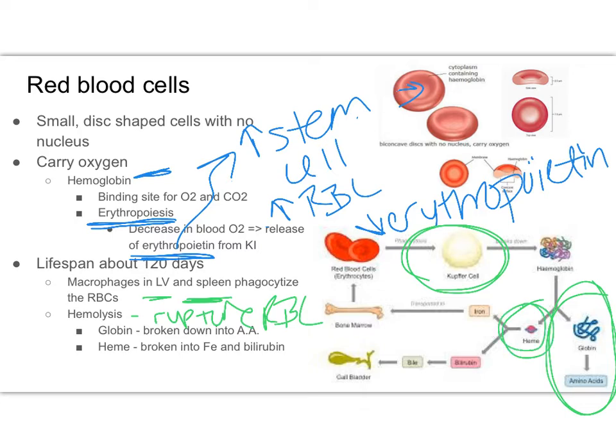And so the heme will be broken down into the iron components, which will be stored in the liver, sent back to the bone marrow to be used to make new red blood cells. And then the bilirubin component, there's your spelling right there, is used to make bile for the gallbladder. Bile is used to help break down fats. So the red blood cell will get recycled when its lifespan is done.